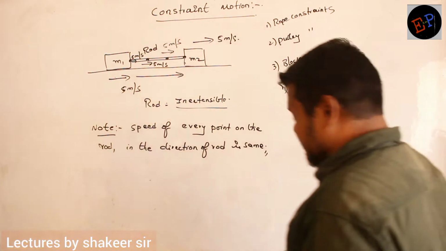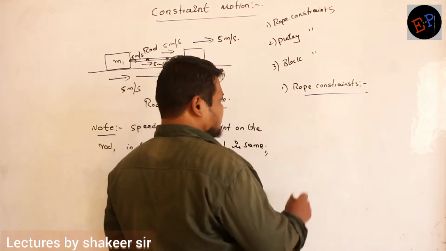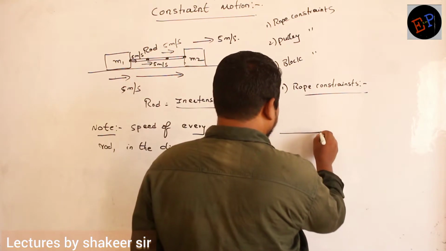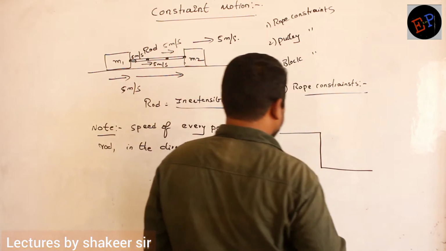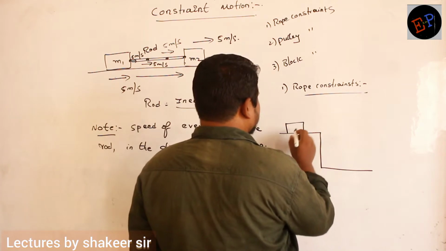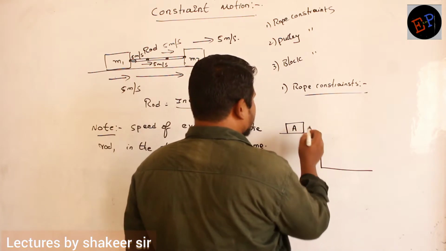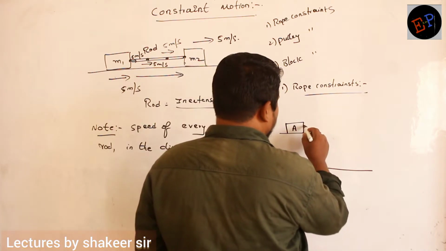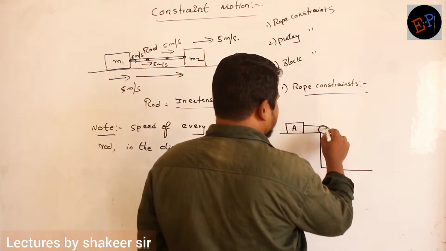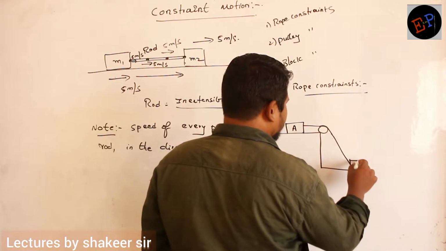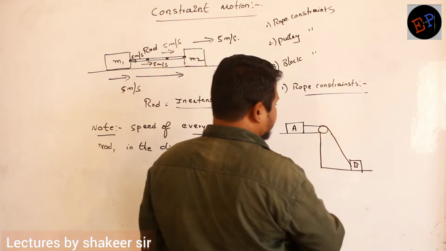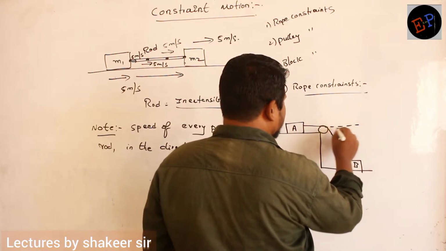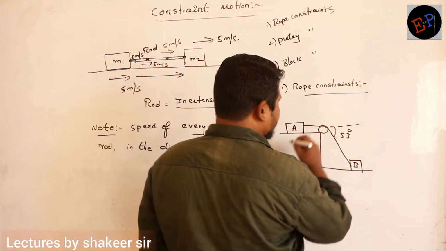Okay. So let us see one question based on this and see how you can answer it. This is a body of some mass, or you can call it body A, and this is a pulley. The rope is passing through the pulley, and here we are connecting another body B, and the rope is making an angle of 53 degrees.